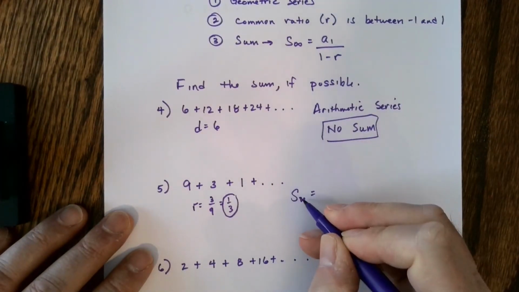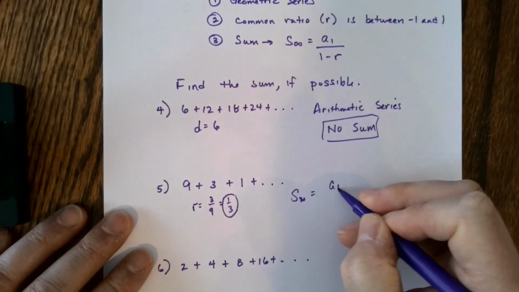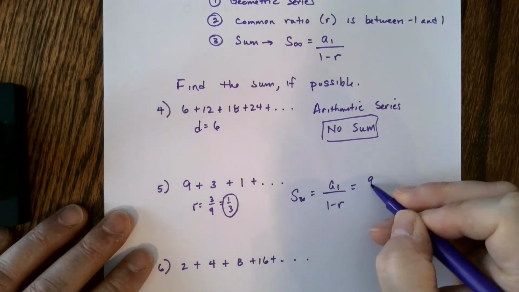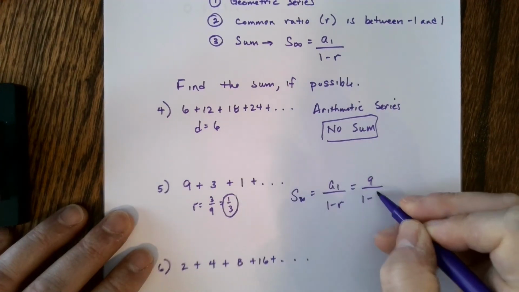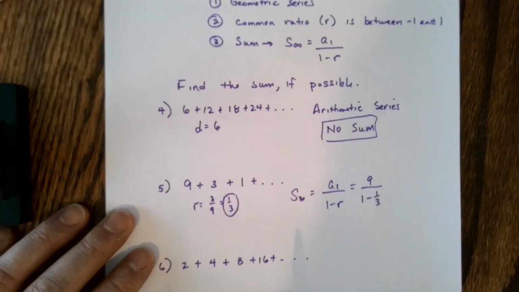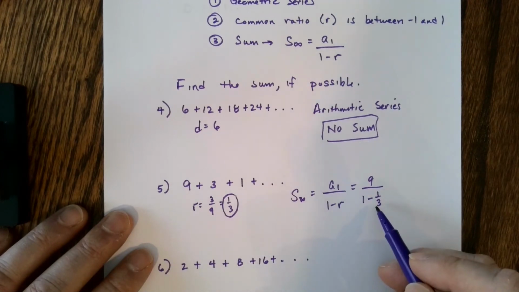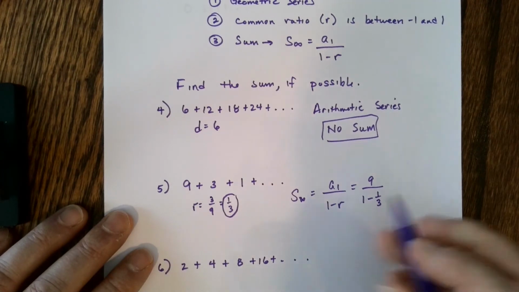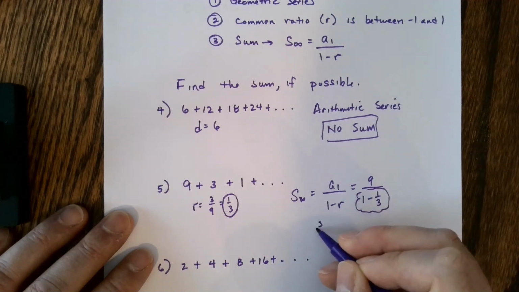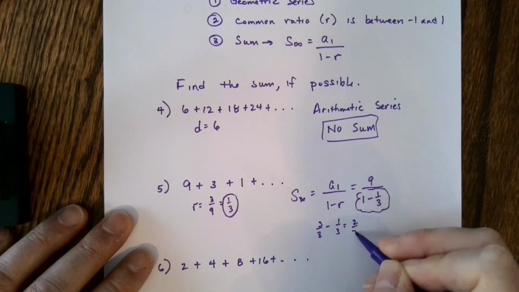So the sum of infinite terms is equal to the first term divided by 1 minus R. My first term is 9. My ratio is 1/3, so my denominator becomes 1 minus 1/3. Now if you need to do this math off to the side, you can. This could become 3/3, that's 1, minus 1/3, which is equal to 2/3.